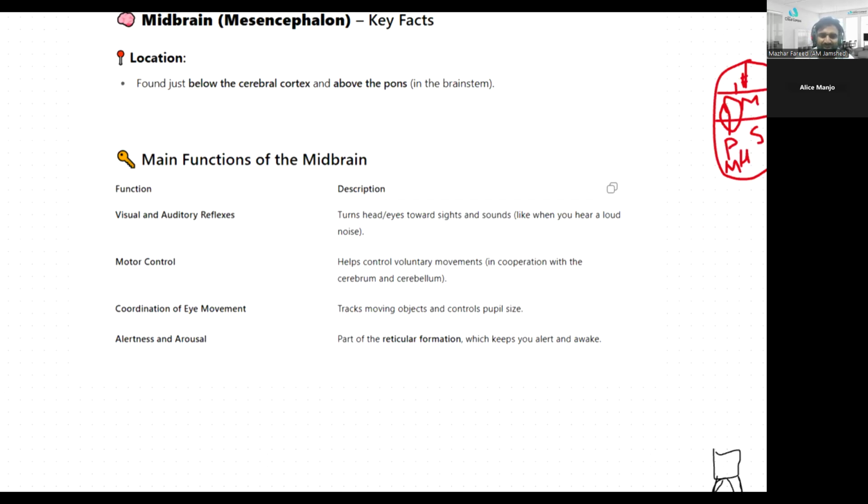The midbrain also has motor control. It helps control voluntary movements in cooperation with the cerebrum and cerebellum. It is also involved in the coordination of eye movement, tracking moving objects, and controlling pupil size. It is also helpful in alertness and arousal.